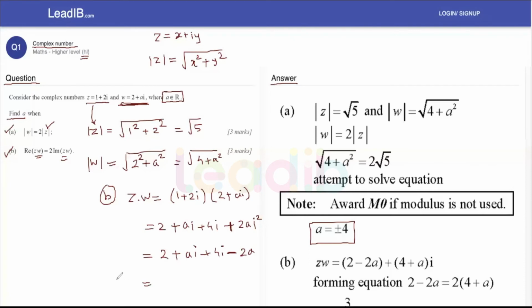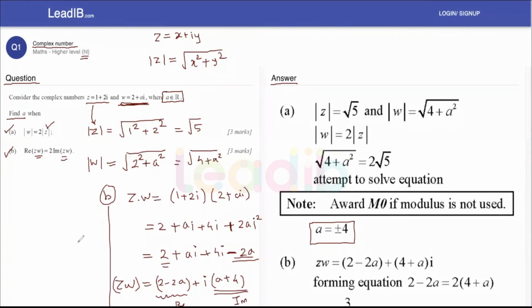Let's write down ZW nicely. The value of ZW here is going to be: the real part is 2 minus 2A, and then you take i common out, this is A plus 4. So for ZW, this is the real part, and this is the imaginary part.